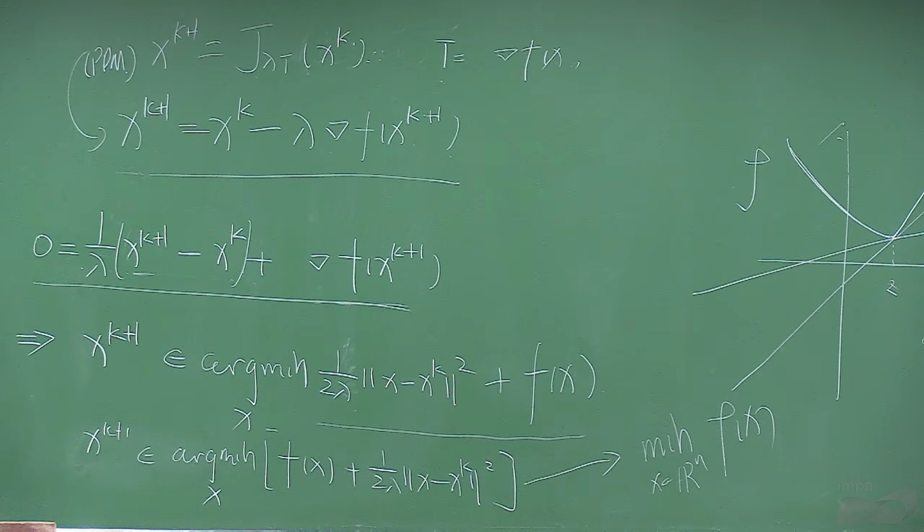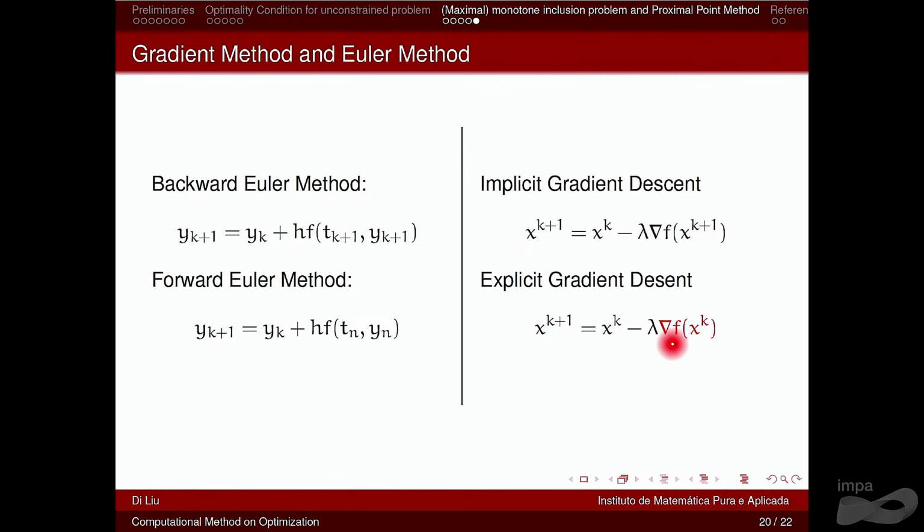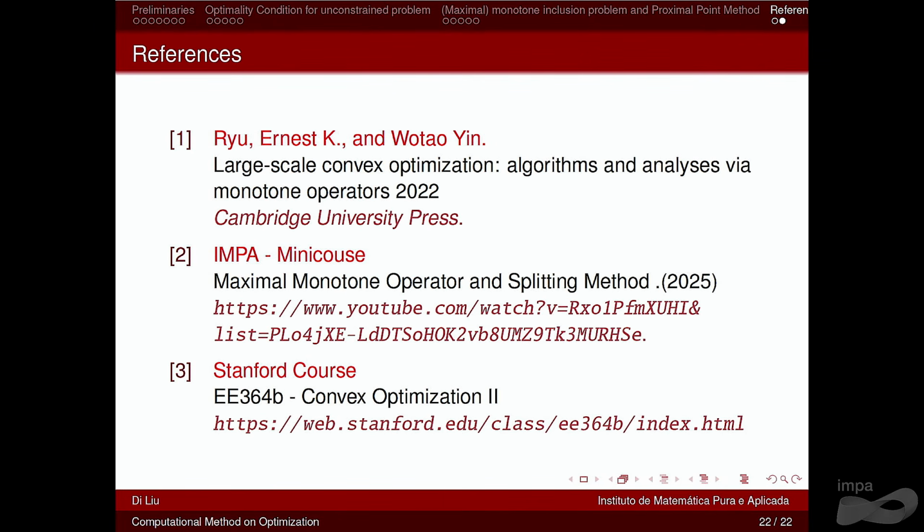But if we use the subgradient at xk instead of xk plus 1, then we get the gradient descent method, of course with lambda. This is much more practical than the one I mentioned on the blackboard. This is what we will discuss in the next class.